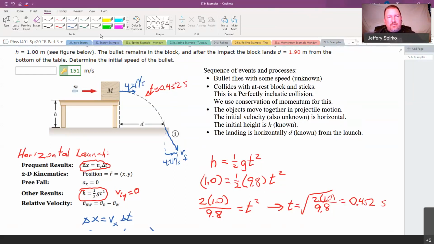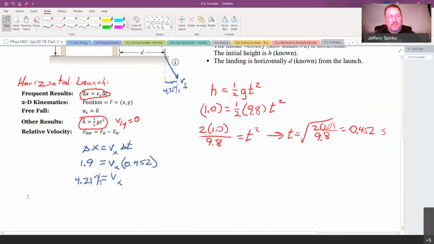So now we have to deal with the collision. That's this point here. I'm going to switch colors. And in every collision, you're going to want to find the total momentum. So that's m1 v1 plus m2 v2.